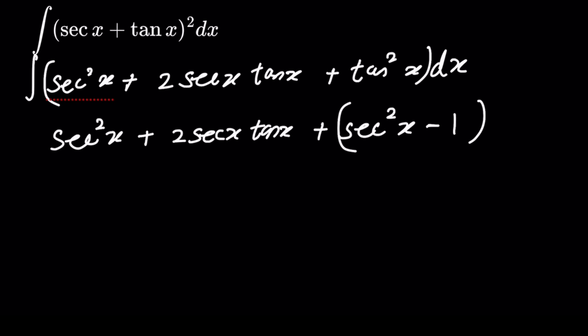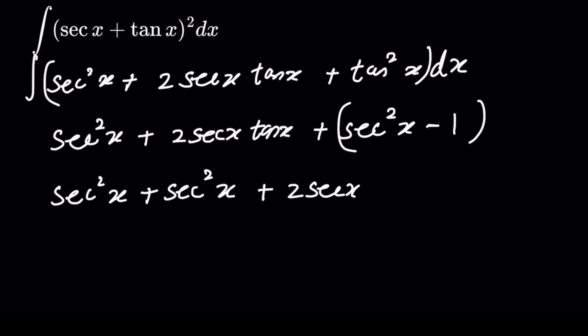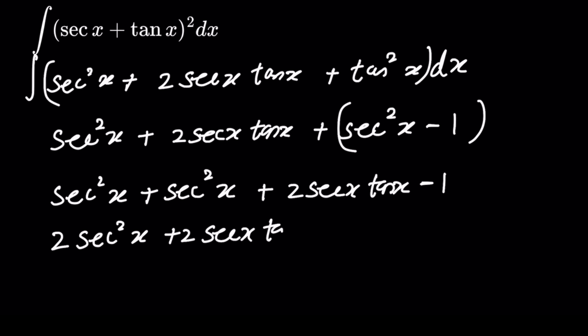Now let's simplify the expression. Secant squared x plus secant squared x plus 2 secant x tan x minus 1. That is equal to 2 secant squared x plus 2 secant x tan x minus 1. Now we integrate each part separately.